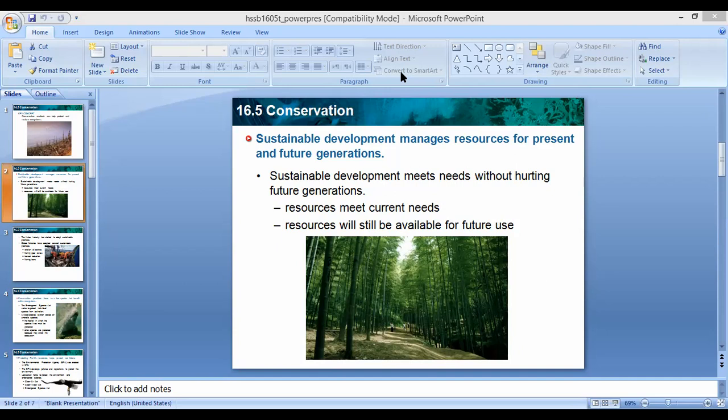These are practices we use to meet our needs and at the same time manage resources for the future generation. In this case, if we follow sustainable development, the resources will meet current needs and will be available for future use.